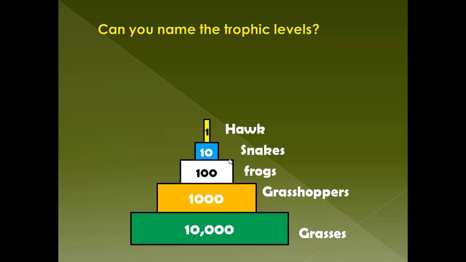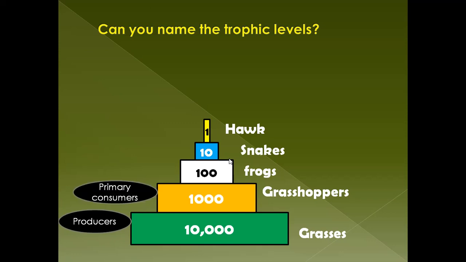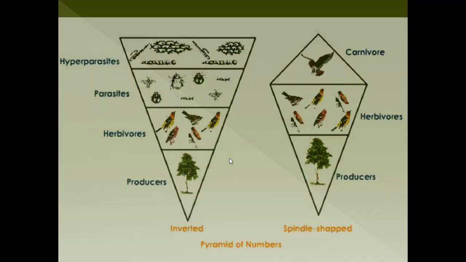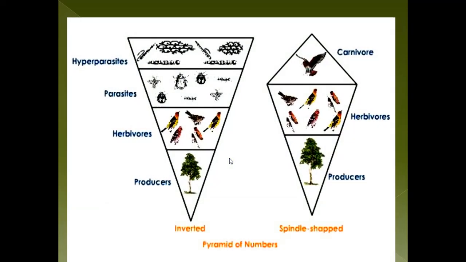Now can you name the trophic levels? Producers are the grasses, grasshoppers primary consumers, frogs secondary consumers, snakes tertiary consumers, and hawk is a top carnivore. This is an example, again, of the pyramid of number.